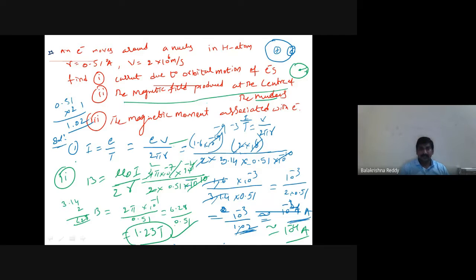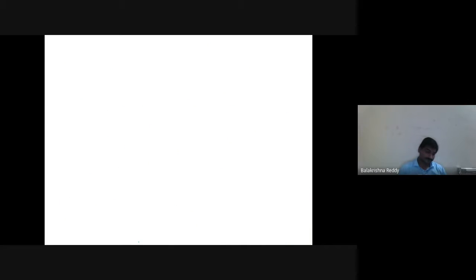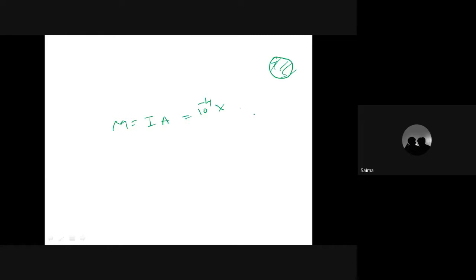Next, the third thing: the magnetic moment associated with the electron. What is the formula? M equals I into A. I is the current, 10 to the power minus 4, which we found. A is the area of the circle, pi r square.